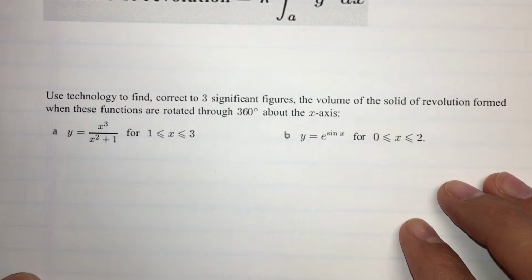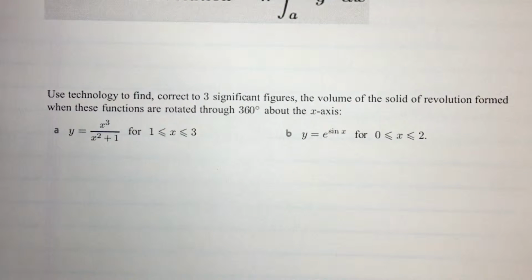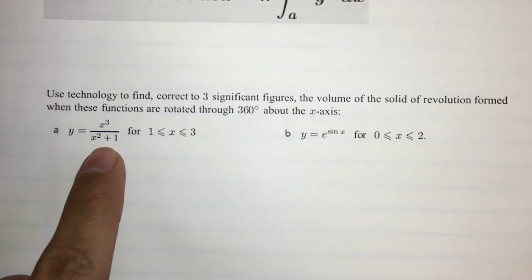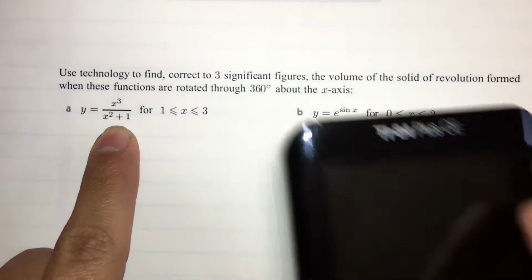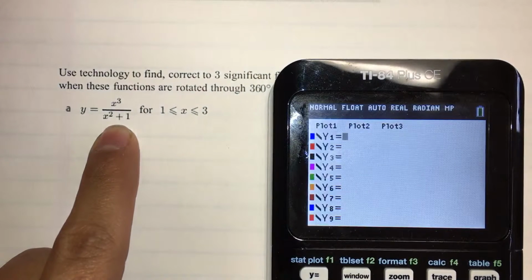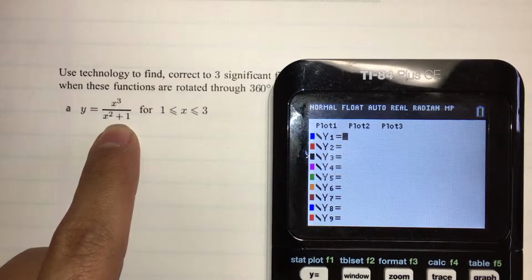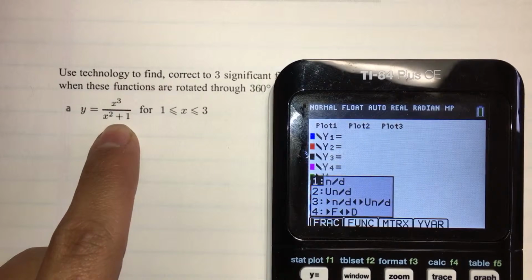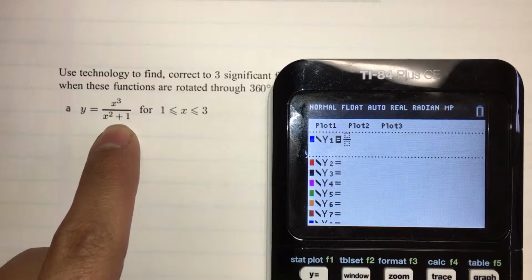Our instructions say to use technology to find, correct to 3 significant figures, the volume of the solid of revolution formed by these two functions. So we'll start off with A. And on the calculator, you begin by entering the equation into y equals. So to have a fraction, I'm going to do alpha y equals and get my numerator denominator.